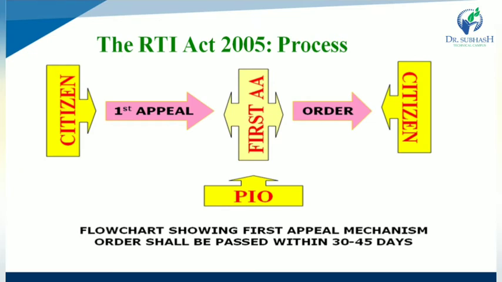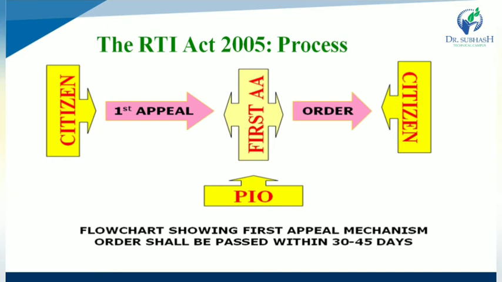So in that case, first, the citizen appeals to the first appeal authority. If the appeal authority is satisfied, the order is directly transferred to the citizen. But if not satisfied, the application is rejected. Here the Public Information Officer acts as the first appeal authority.